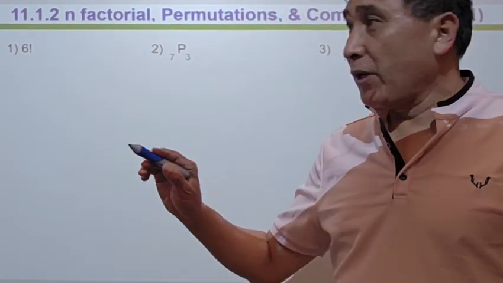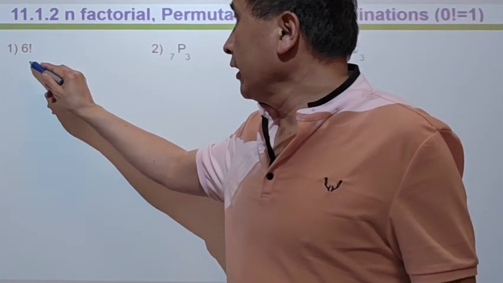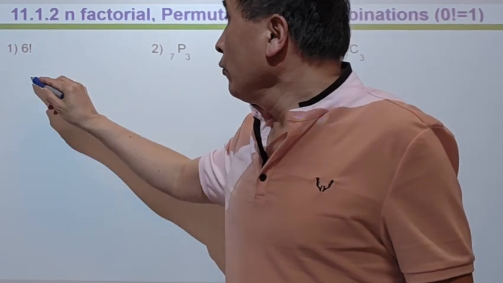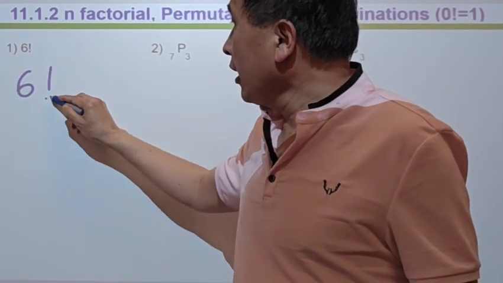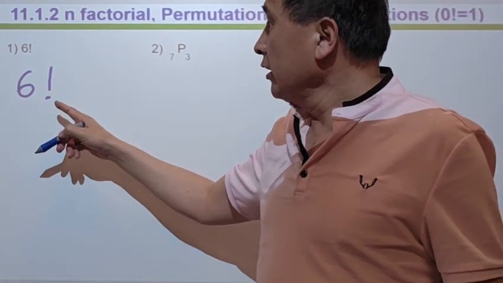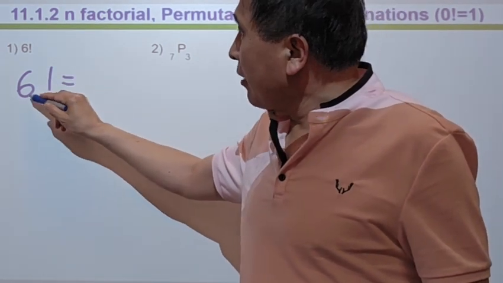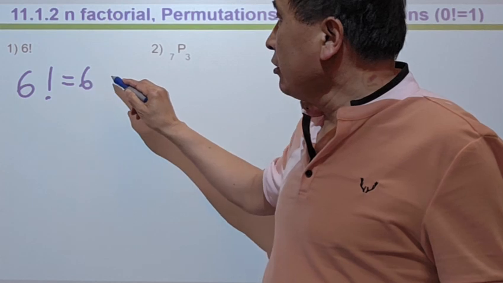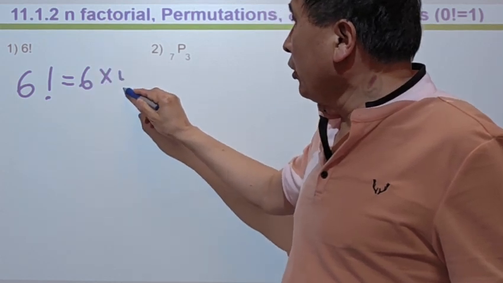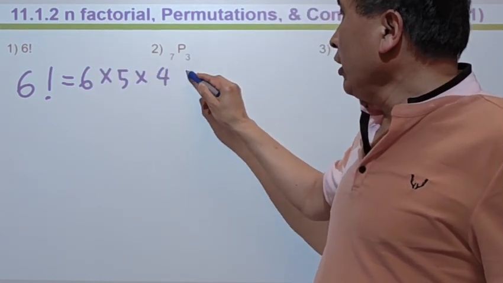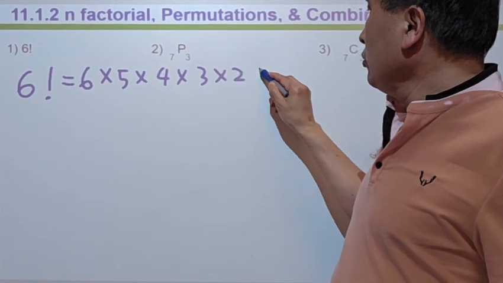So factorial is a special symbol, like an exclamation mark, placed after a number like 6, and we call it 6 factorial. This stands for multiplying from the number 6 down through 5, 4, 3, 2, 1.